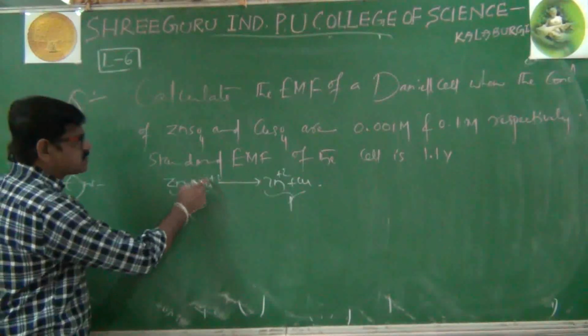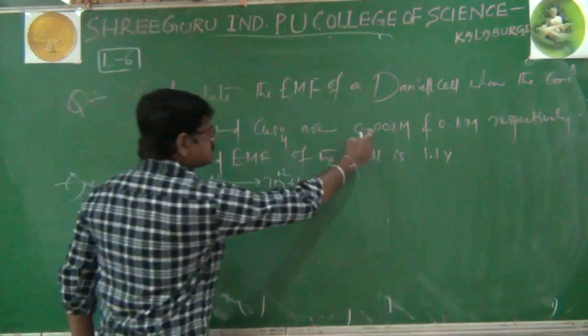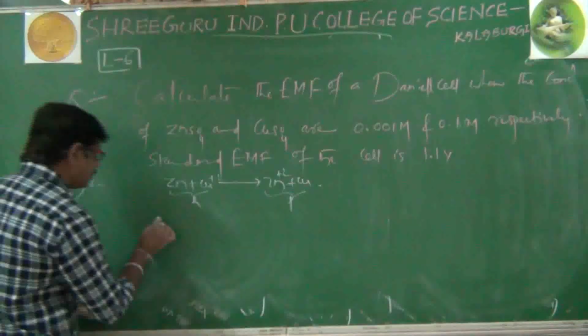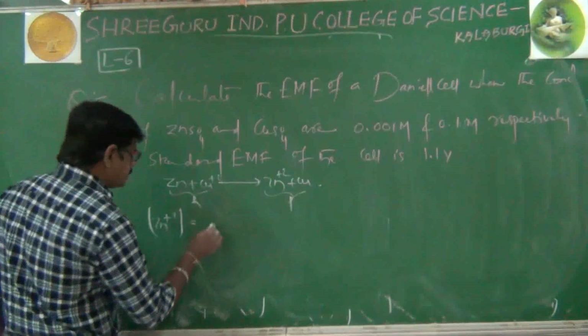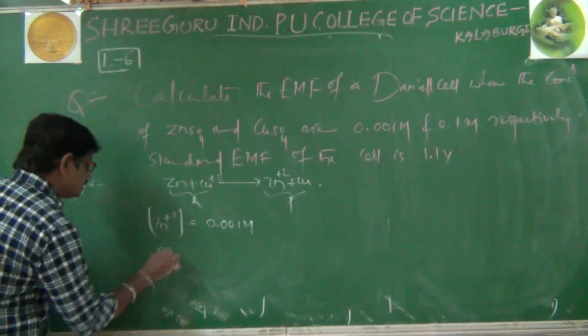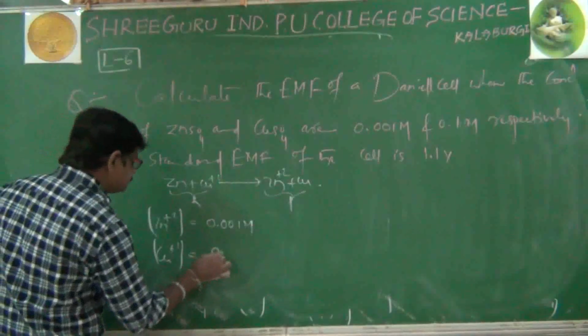And here Cu plus 2 concentration, how much have they given in the question? The ZnSO4 value is 0.001. That's why I will write here, Zn plus 2 concentration is equal to 0.001 and Cu plus 2 concentration is equal to 0.1.